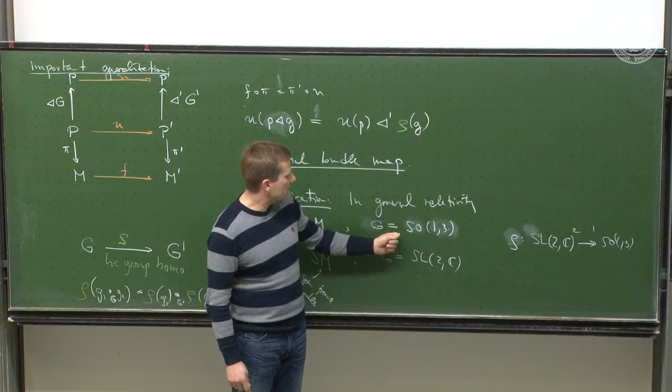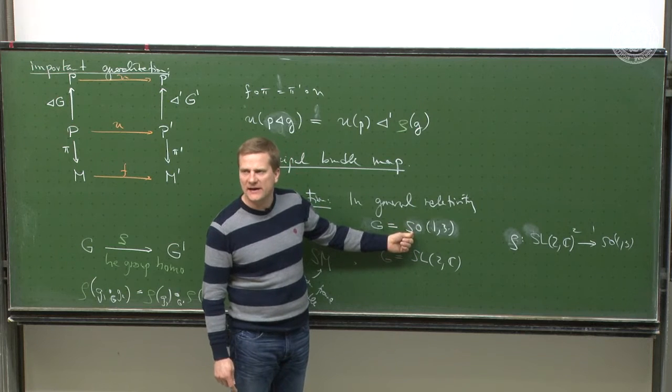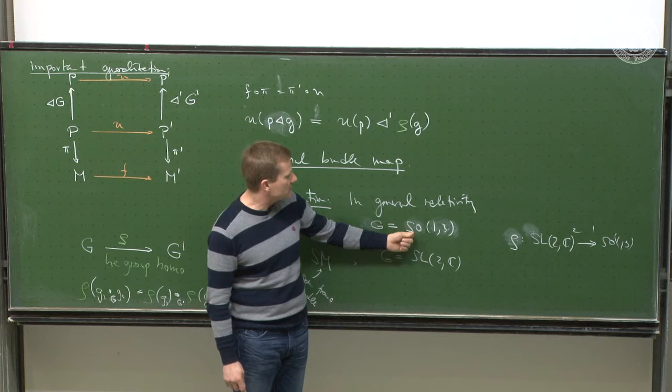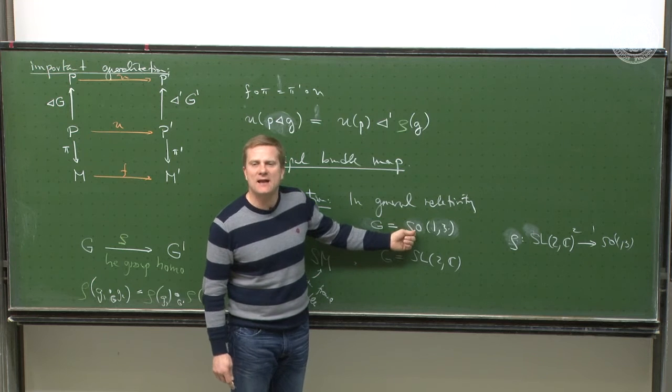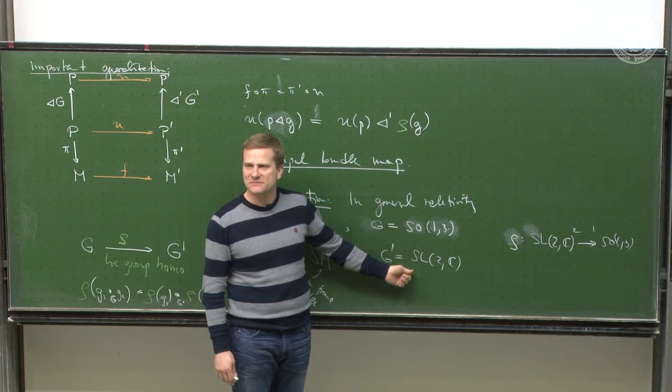Because there is no finite dimensional, unitary, irreducible spin representation of GL4. You got to restrict to SO13, so you first need the metric in order to then talk about spinors.